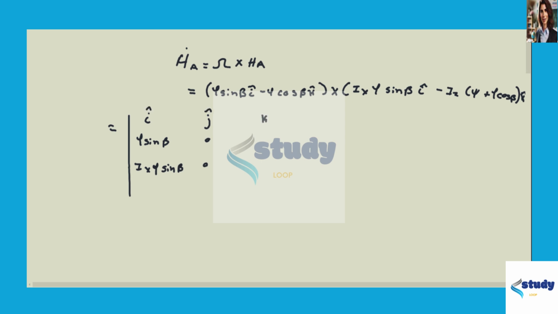And for our k component, we have negative phi cosine beta, Iz phi plus phi cosine beta. And so you just do your normal cross product solution here.